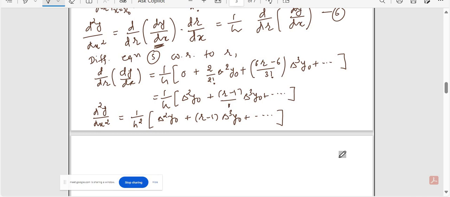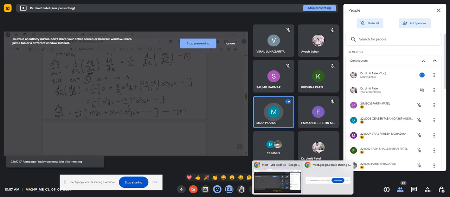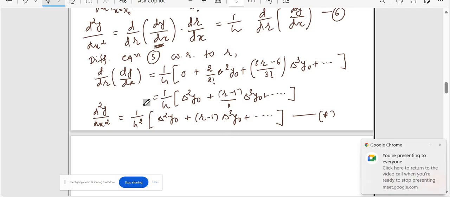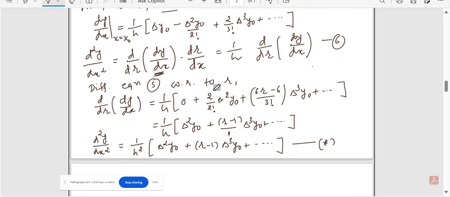Yes. Okay, so any question, any doubt in this formula? Sir, 1 upon h square is there. Yes, 1 upon h square in this way. You can see 1 upon h is already there, and the derivative d by dr of dy by dx is already 1 upon h.